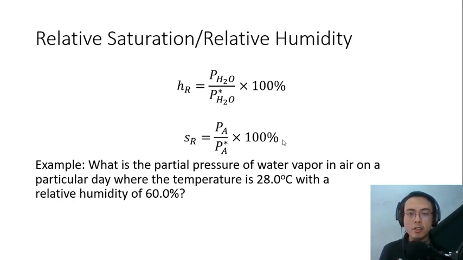Now, the relative saturation is the same equation. It's just that this is no longer water. It's another different condensable component. Okay? Now, if you take a look at this equation for relative humidity, and if you think of our condition for equilibrium, remember, our condition for equilibrium is that the partial pressure of water is equal to the vapor pressure of water.